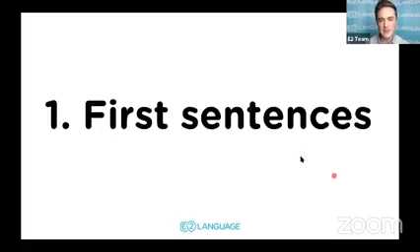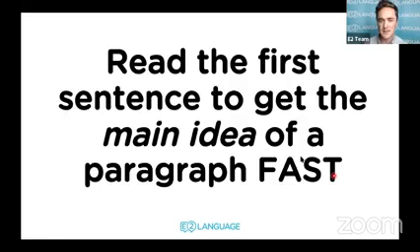So let's look at the importance of first sentences. What does that mean? Well, I want you to read the first sentence to get the main idea of a paragraph fast. In other words, the first sentence of a paragraph, also called the topic sentence, introduces the paragraph. It tells you what the paragraph is going to be about.